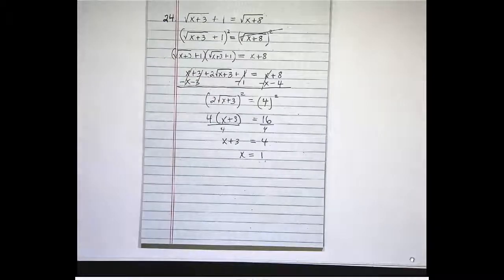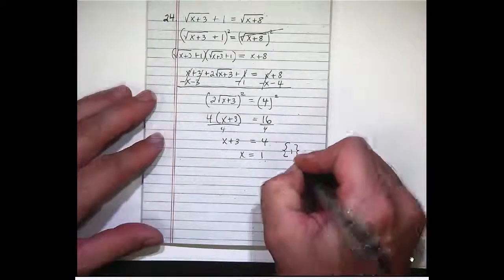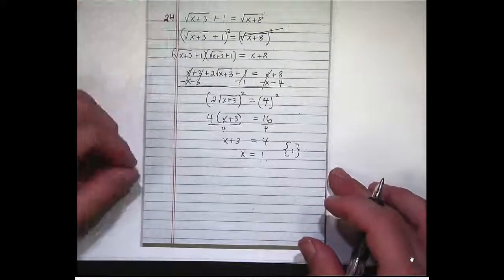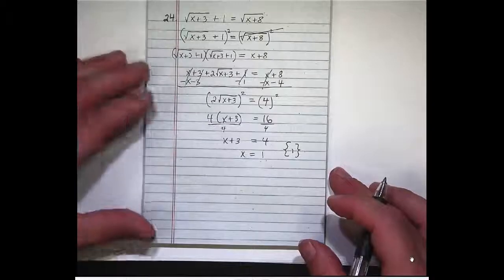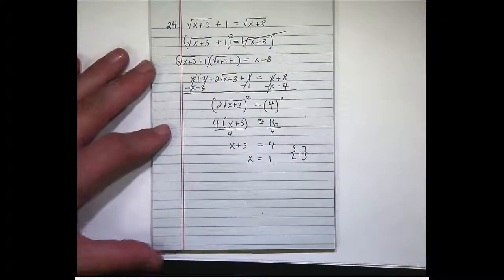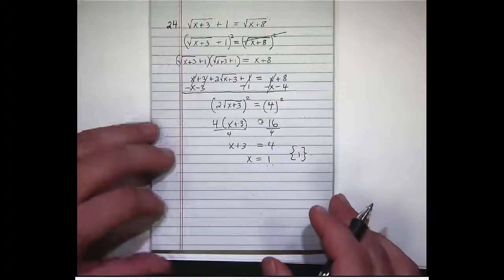Excellent. So the solution is indeed 1. You always want to check your solution when you solve a radical equation and you have to raise both sides to an even power.